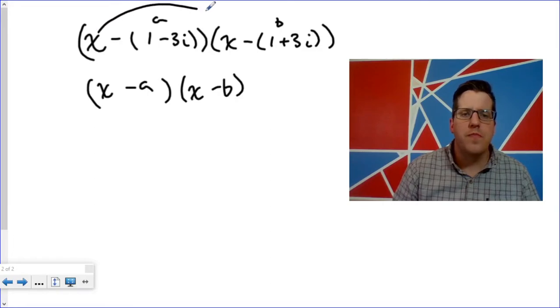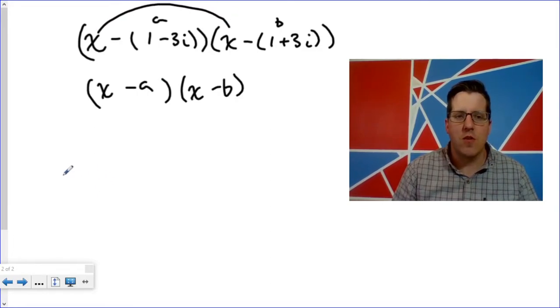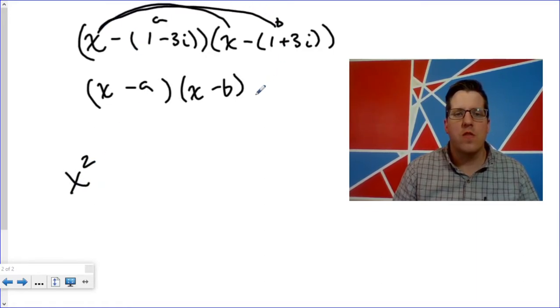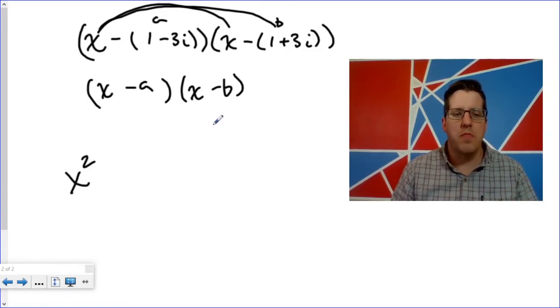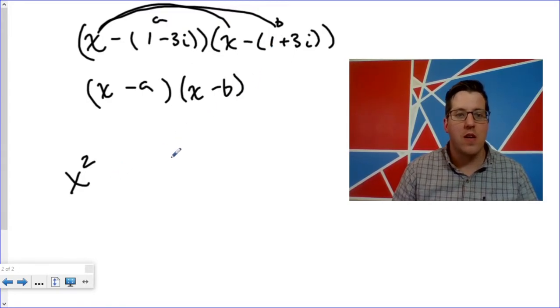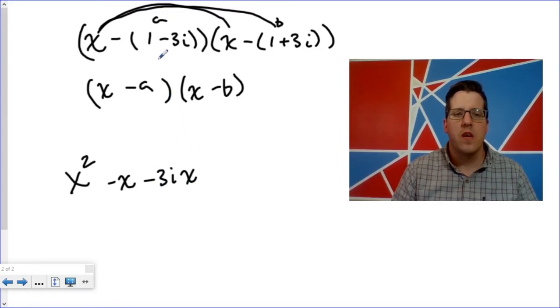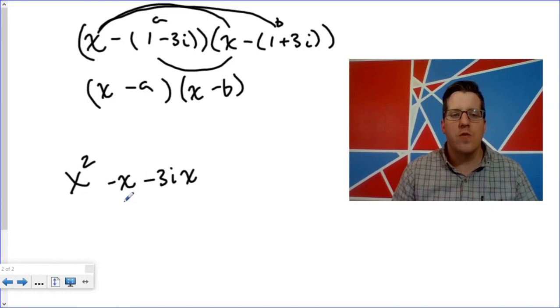So x squared. We're off to an easy start. Then, if I do my outers, x times 1 plus 3i, I'm going to get negative x and negative 3ix. If I do the same thing here for my inners, I'm going to get negative x and positive 3ix.